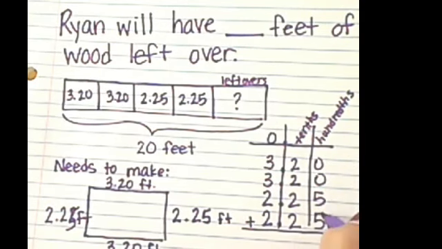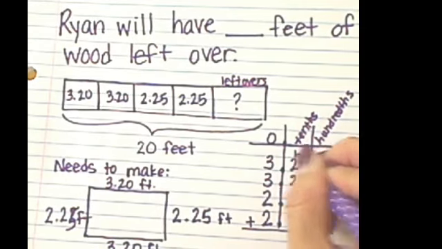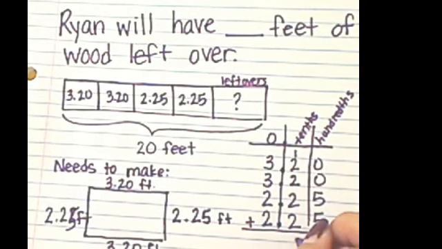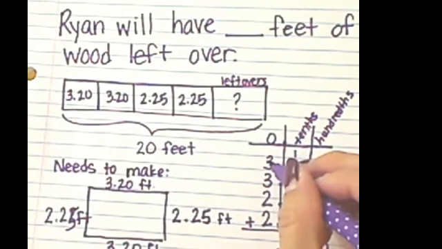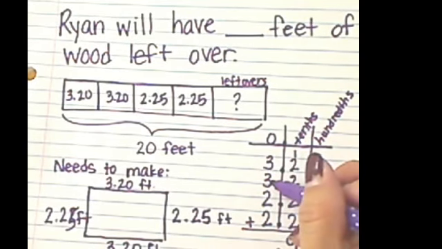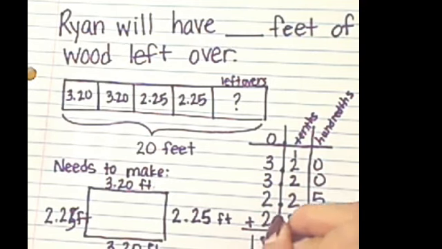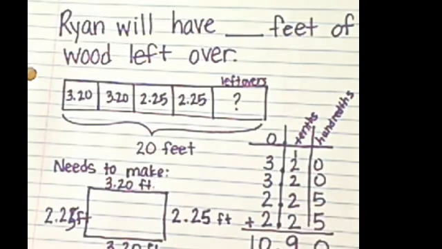This 5 plus 5 is 10. I have to regroup. 2, 4, 6, 8 plus 1 is 9. Don't forget my decimal. 3 plus 3 is 6, 8, 10. So this is an answer that I got when I added these 4 together.